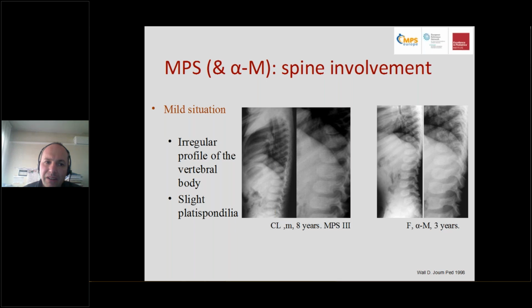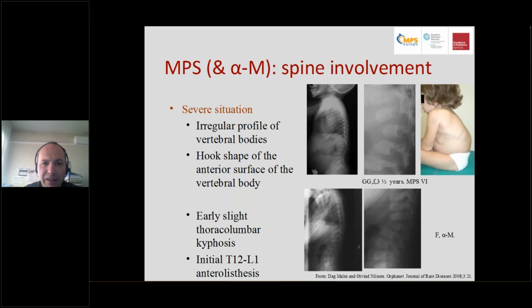We can have some mild situations, like in this case of mucopolysaccharidosis 3, Sanfilippo syndrome, or in this case of alpha-mannosidosis, where we observe only the irregular profile of the vertebral body with slight platyspondylia. But we can also have some severe cases, like in this Maroteaux-Lamy case, where we observe the early onset of thoracolumbar kyphosis.